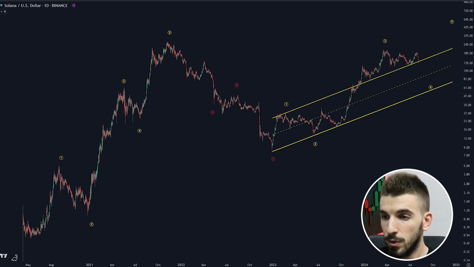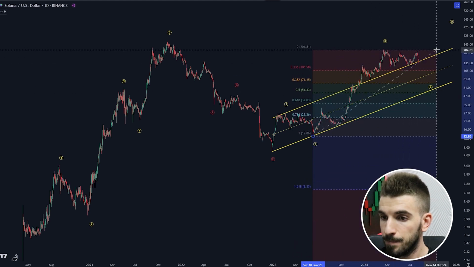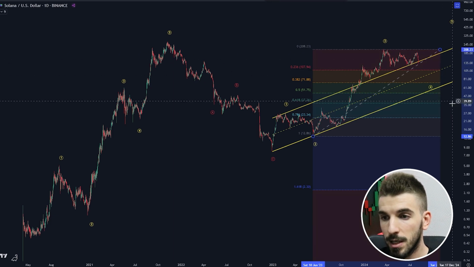Right now we know that Elliott wave suggests that wave 4 will come back to a retracement of 0.382 of the bigger wave 3. So we will move a Fibonacci level from the end of wave 2 here to the end of wave 3 there. And we see that Fibonacci level 0.382 suggests that it will come back to $72.